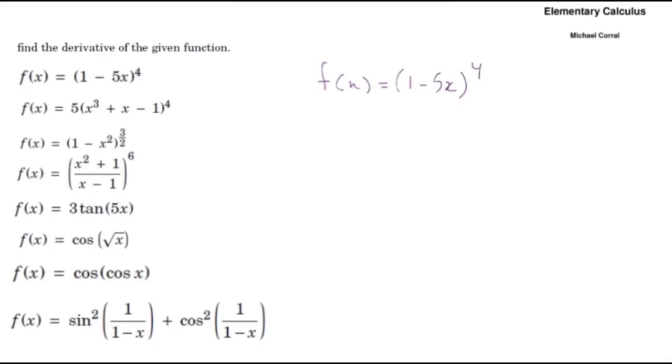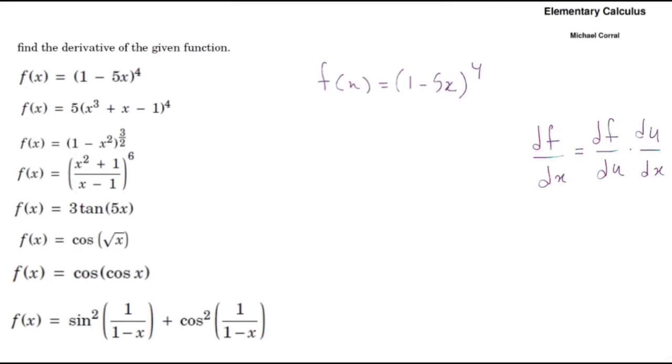For finding the derivative of these kinds of functions we need a rule called the chain rule: the derivative of f with respect to x equals the derivative of f with respect to u times the derivative of u with respect to x.